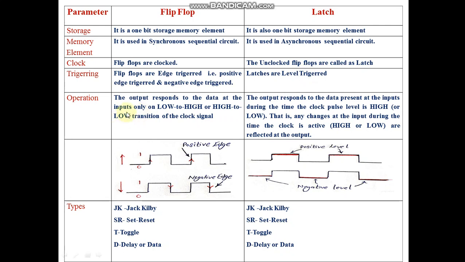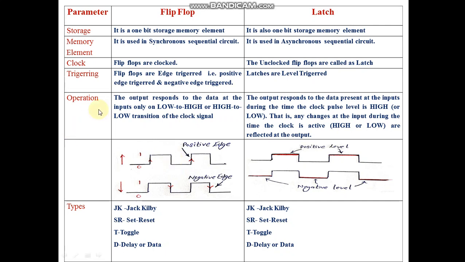Now the basic operation of these two, which we really need to understand while doing any kind of operation over flip-flops and latches. In case of a flip-flop, the output responds to the data at the inputs only on a low to high or high to low transition of the clock signal. As you can see here, this is the clock which should be provided to the flip-flop when you want the response.